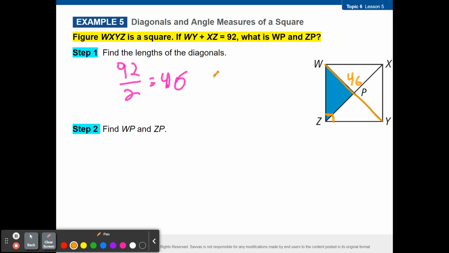Oh, this is easy. I thought we were looking for WZ for a second there. All right, so we're going to take 46 and do what with it? Divide by 2. Which leaves me with 23. So that's it. They're each 23.